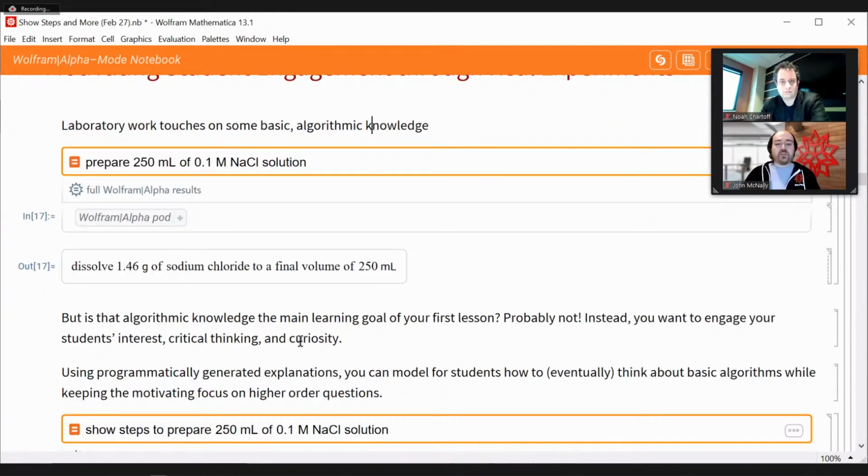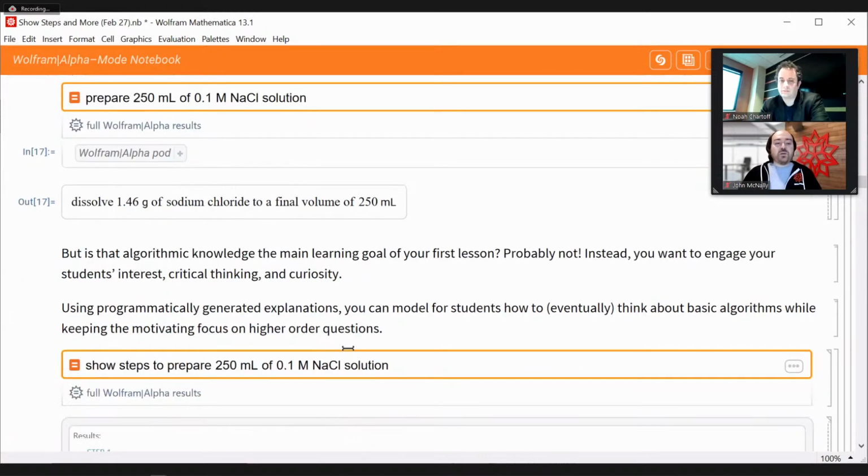Like in my introductory lessons, what I'm going to want is something which the students find exciting and engages their curiosity, or has to do with problems that matter to them, which in most cases is probably not going to start with the algorithmic knowledge, right? It's going to start with some applied problem that they're curious about.